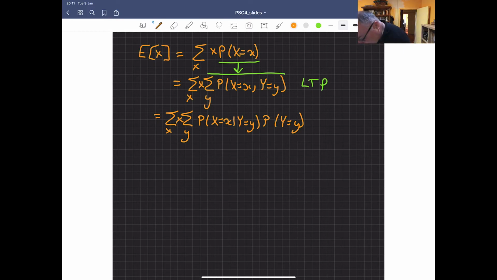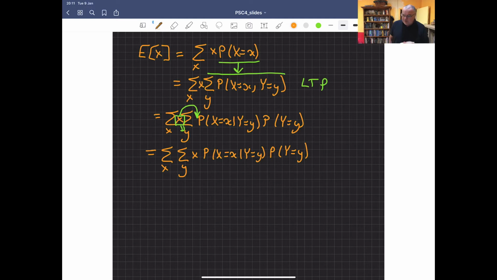Next thing I'm going to notice is this x here is constant with respect to this y, so it can come inside. So now I've got equals the sum over x, the sum over y, of x times the probability that X equals x given Y equals y, times the probability that Y equals y.